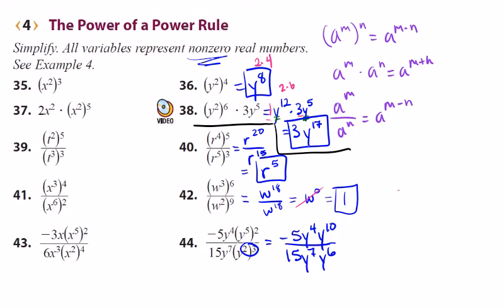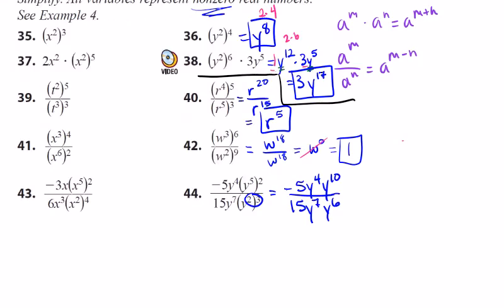All right. So when I multiply these y's together, I'm going to bring down the negative 5. And when I multiply the y's together, I'm going to add the exponents. So I'm going to end up with a single y on top, and 4 plus 10 is 14.